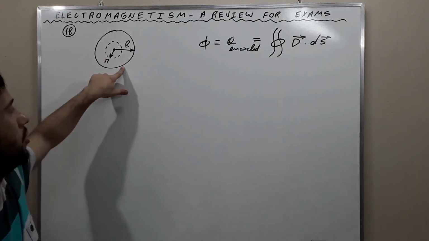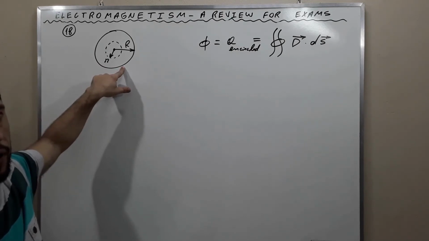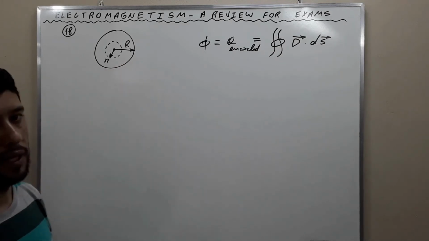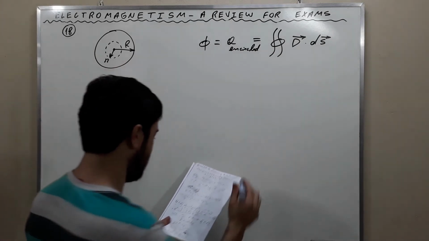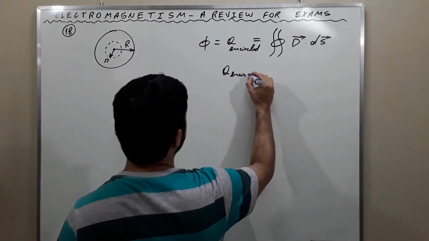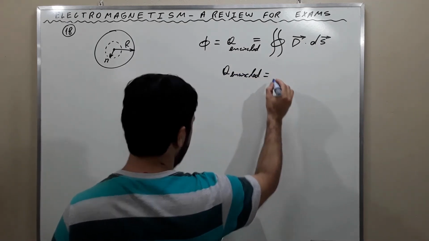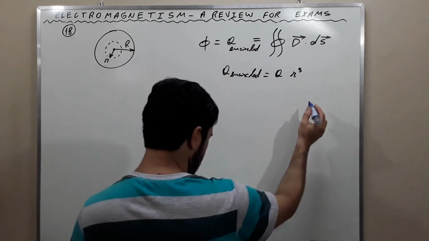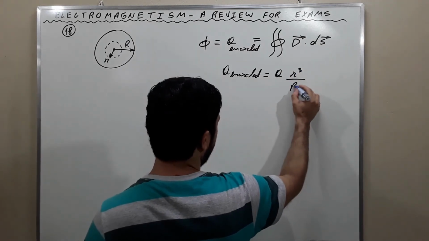For the total charge, we have a greater volume. For the encircled charge, we have a smaller volume. And then the encircled charge is going to be Q r cubed over capital R cubed.